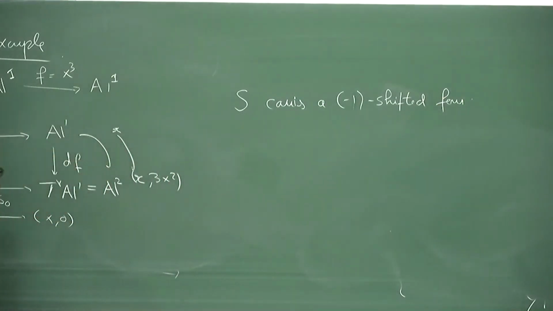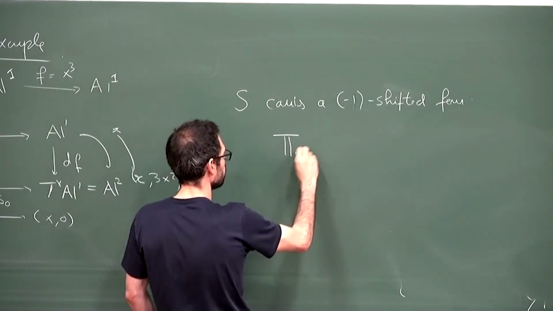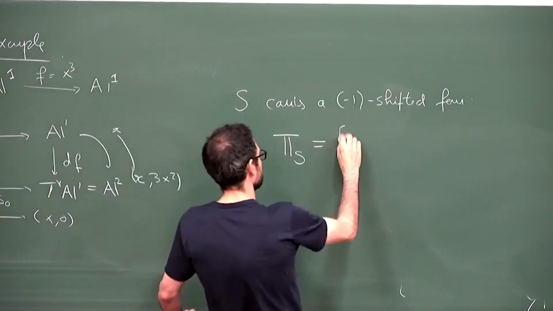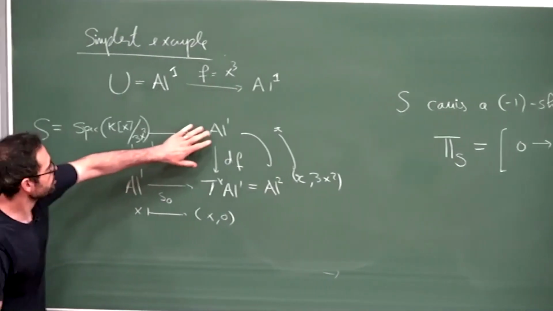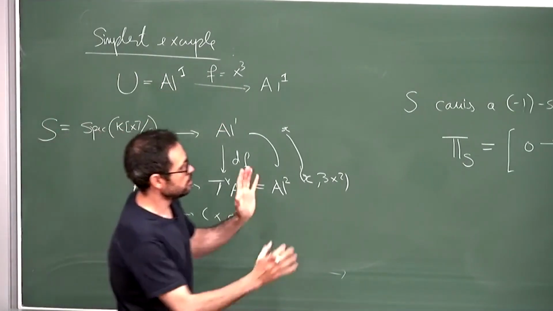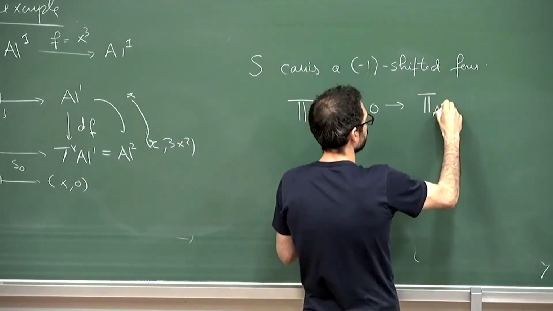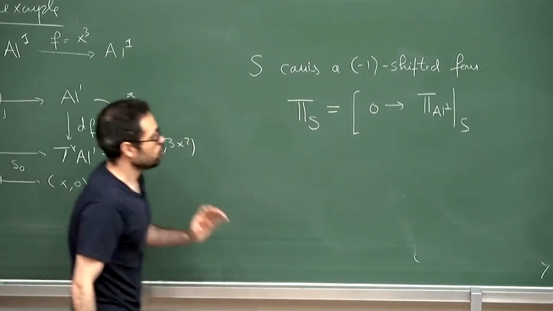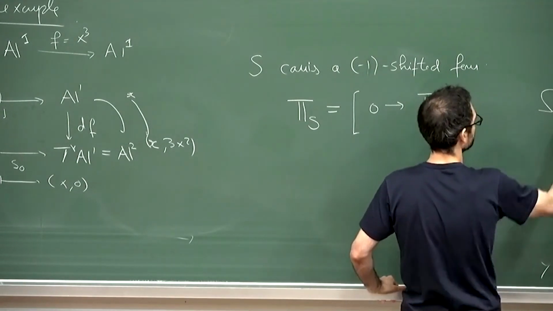So I'll tell you what it is. To define the form, I have to tell you what the tangent complex of this guy is. I'm not going to do the computation, but I'll tell you what it is. I claim that every time I have a thing like this, I could replace A1 by any smooth scheme. The tangent complex has a very specific shape: I have the tangent complex of A1, the ambient space, and I have the cotangent complex of A1, the same ambient space where the function is defined.